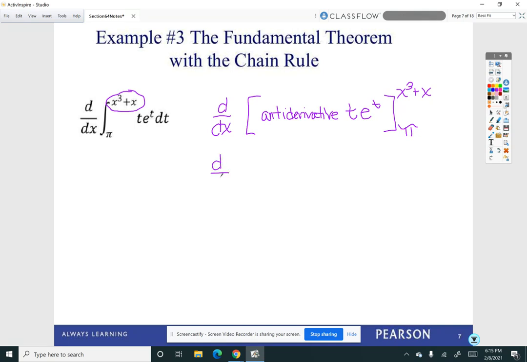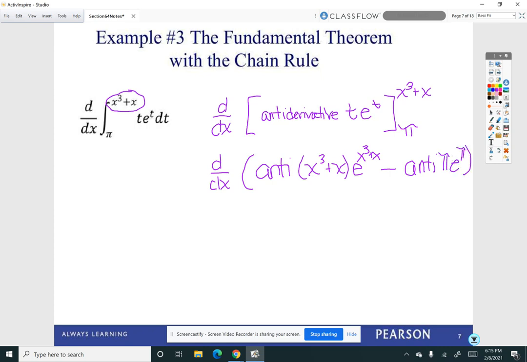To evaluate means I put in my x cubed plus x times e to the x cubed plus x, minus the antiderivative, whatever that happens to be, of pi e to the pi.